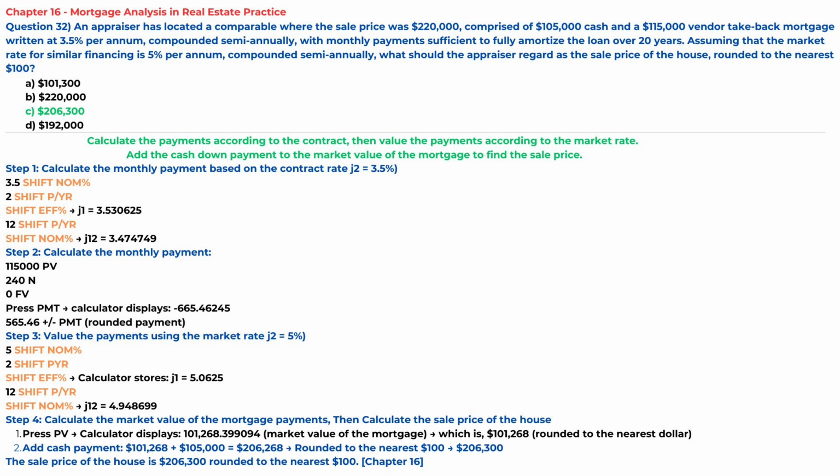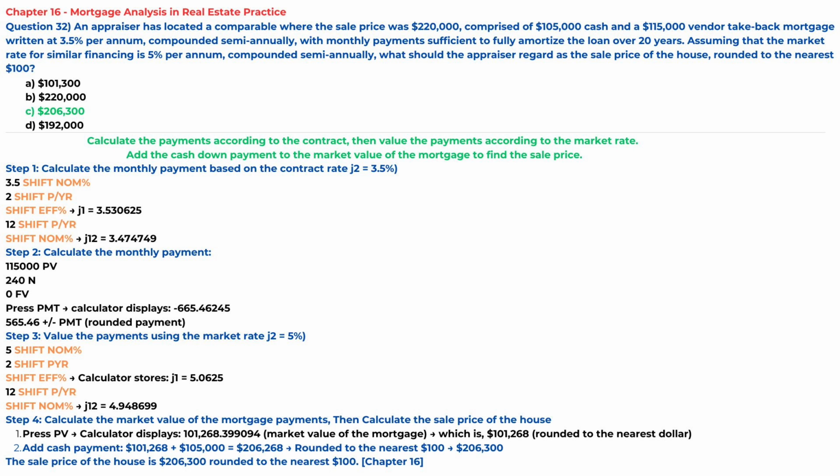Step 2. Value the payments using the market rate J2 equals 5%. 5, shift NOM, 2, shift PYR, shift effective. Calculator stores J1 equals 5.0625. 12, shift PYR, shift NOM. Calculator displays J12 4.948699. Step 3. Calculate the market value of the mortgage payments, then calculate the sale price of the house. 1.